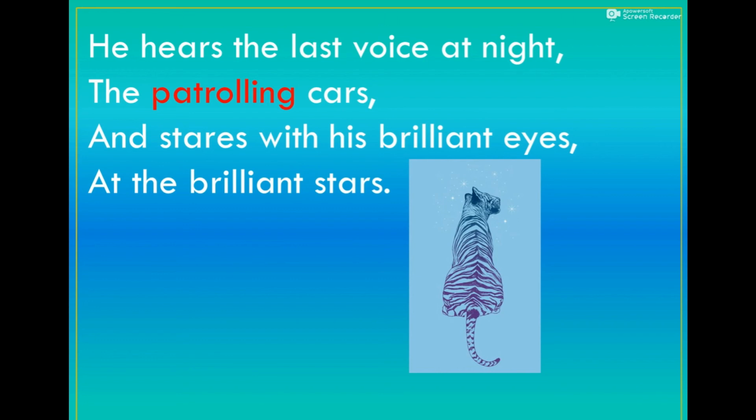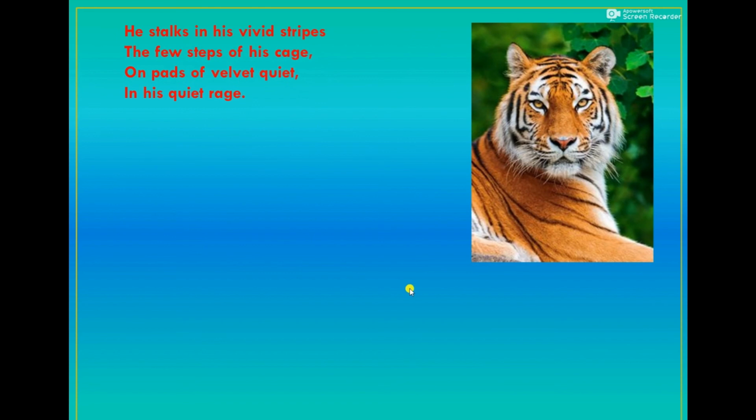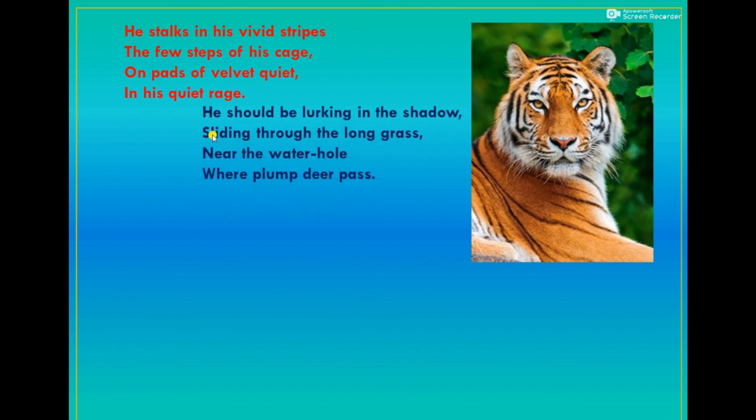Now children, let's read this poem once again together. He stalks in his vivid stripes, the few steps of his cage, on pads of velvet quiet, in his quiet rage. He should be lurking in the shadow, sliding through the long grass, near the water hole, where plump deer pass.